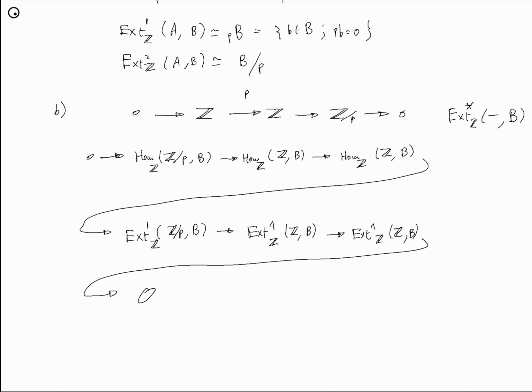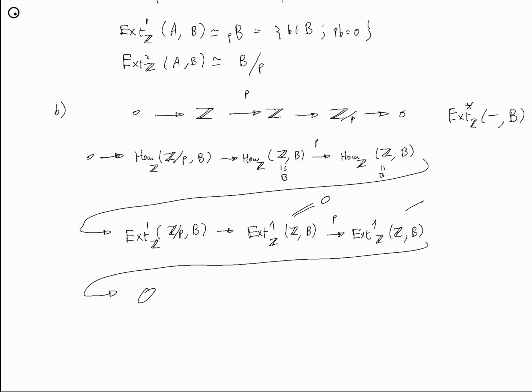And here what we know is that this is isomorphic to B again. And moreover, we want to compute this, but this is 0.